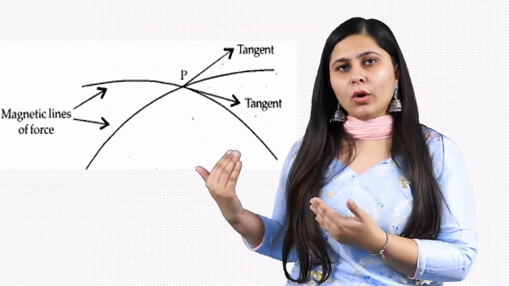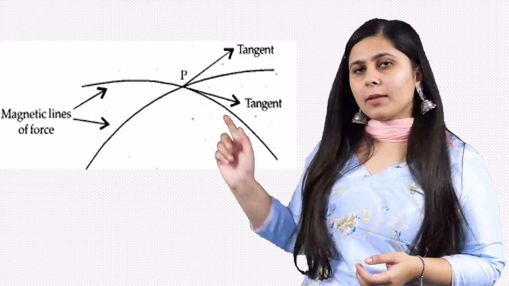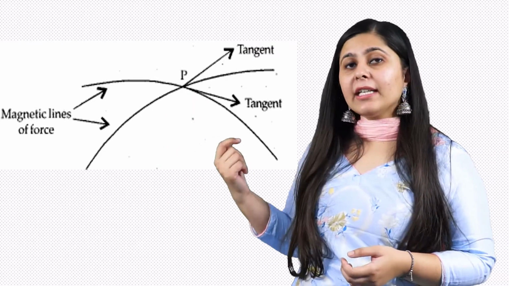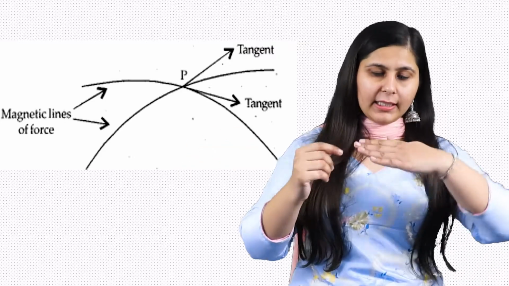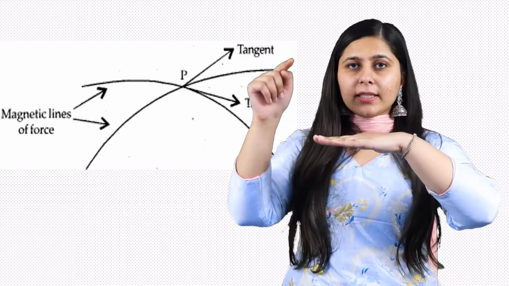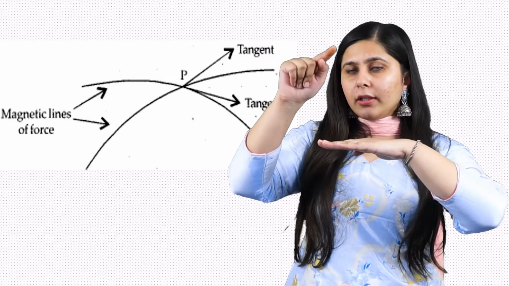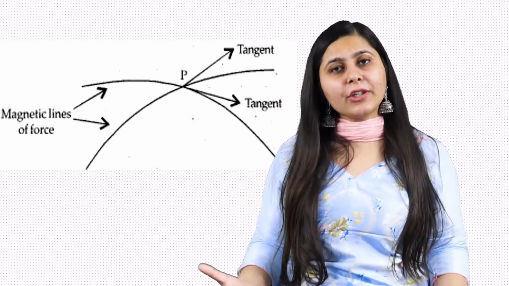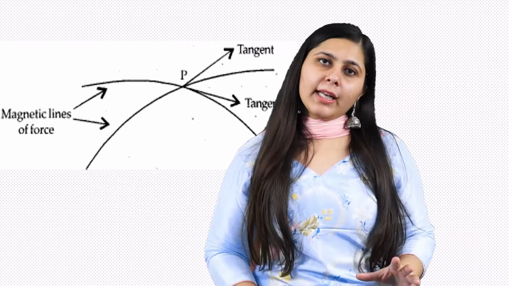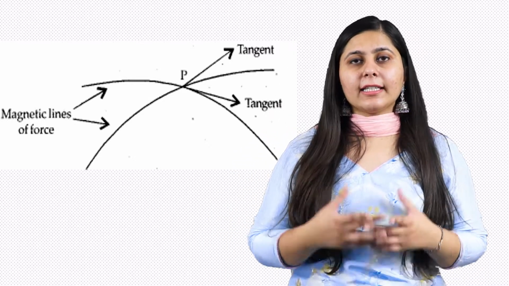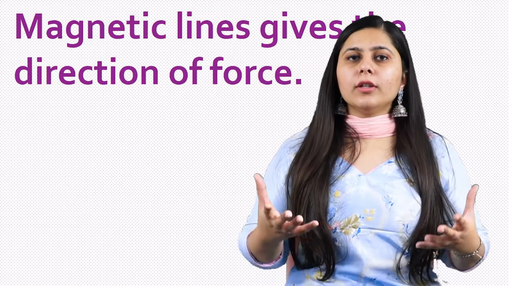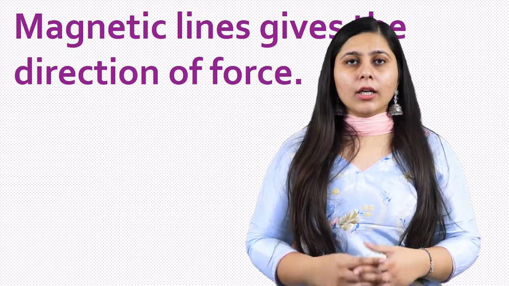The second reason for which we draw magnetic lines is to tell the direction of the magnetic field. Suppose this is the bar magnet and this is a magnetic line, and I draw a tangent; this will give me the direction of the magnetic field. So now you realize why we draw magnetic field lines: they give the direction of the magnetic force.